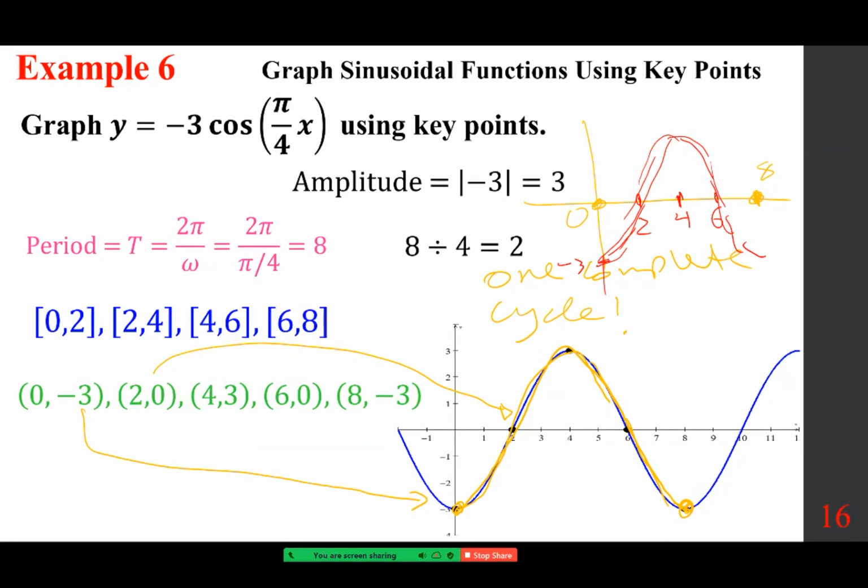So it looks something like that. That's one complete cycle. You can do that by hand and then look at the more detailed graph. Let me show you another example involving sine, so you see how it works, and we take it from there.